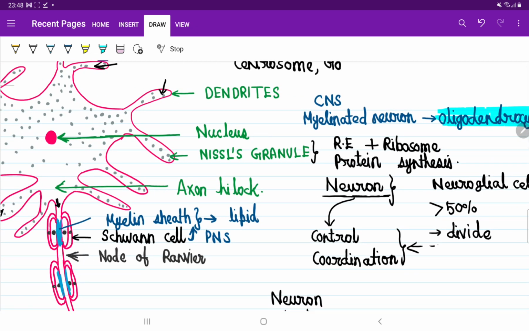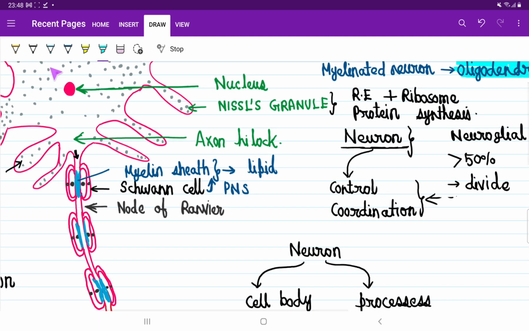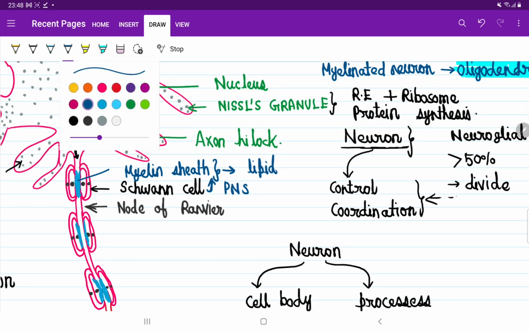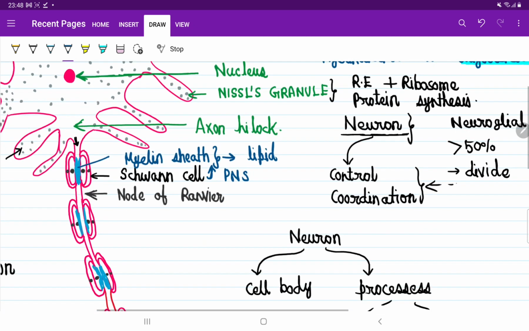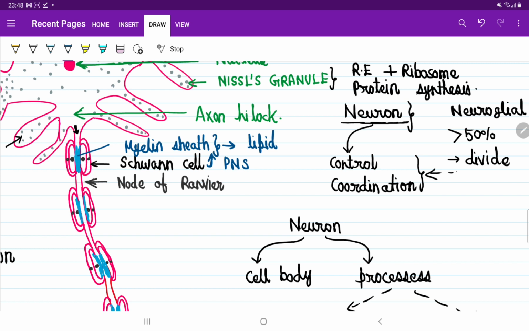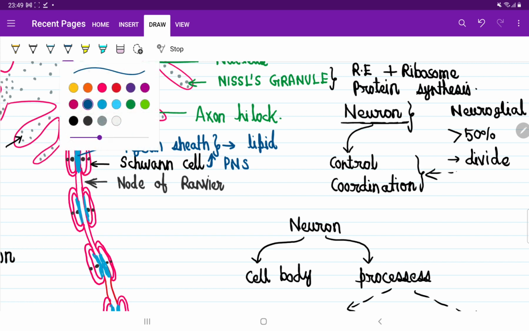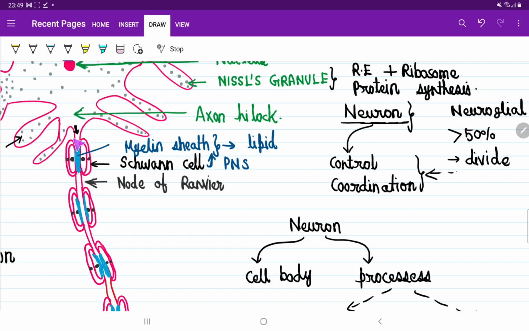Now, when the nerve impulse is generated and flowing across this axon, obviously it cannot cross this myelin sheath. So the nerve impulse will jump from one node of Ranvier to another node of Ranvier. You may ask, sir, what is node of Ranvier?